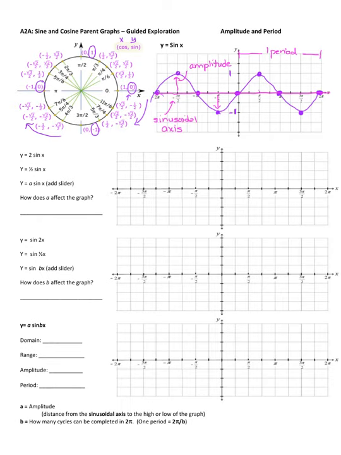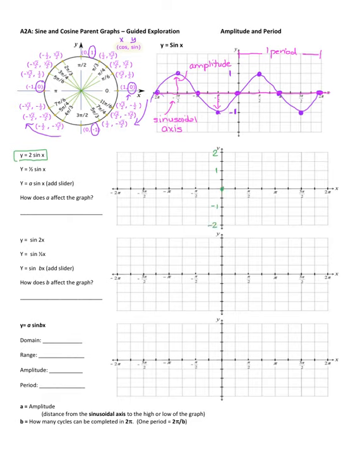So you guys are going to use Desmos, and you really should kind of turn this video off and come back to it. But if I were to use Desmos and graph y equals 2 sine x, what you will see is that it is going to increase your amplitude so that my graph is still going to follow the same pattern.